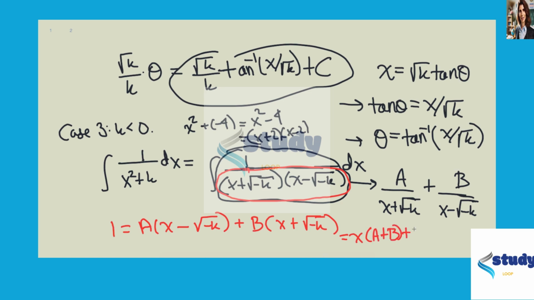And then we're left over with our constant. On the left, we see that there's no x term. So over here, A plus B must be 0. The constant term on the left is 1, so that means the constant term over here with no x must be 1.